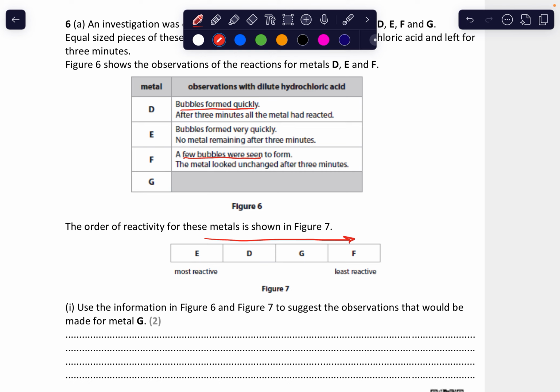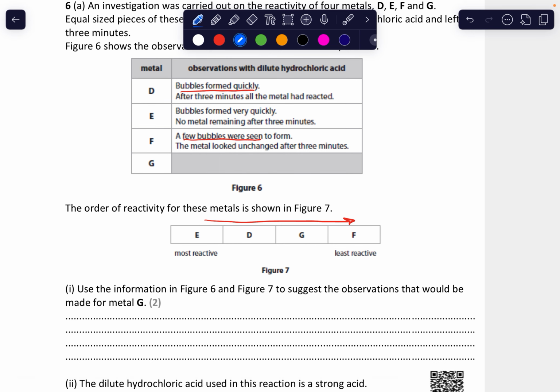So if we talked about somewhere in between that in terms of how these bubbles are formed, so we could say that bubbles were formed. So they were formed quickly originally with the metals more reactive, so we can say they are formed slowly.